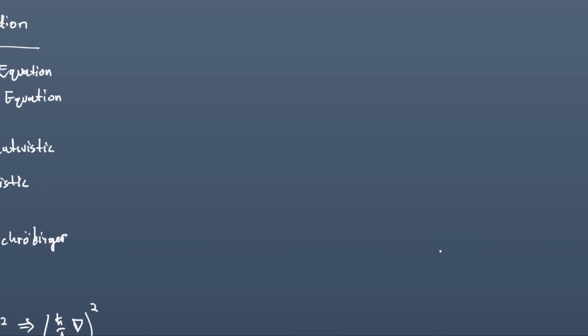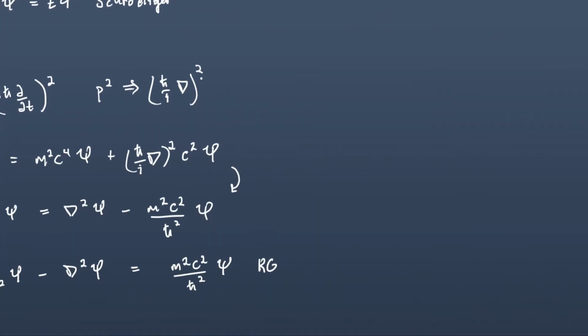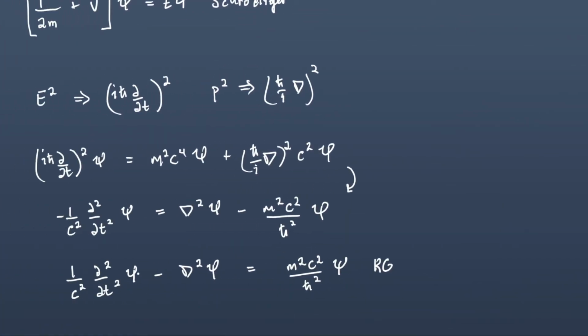So to clean this up, this is the same thing as 1 over c squared times d dt, the derivative with respect to t, minus the Laplacian squared. That's the operator operating on phi. I'm just factoring out phi here.